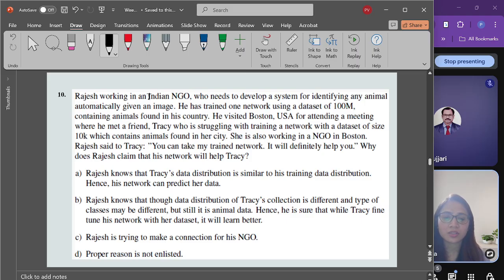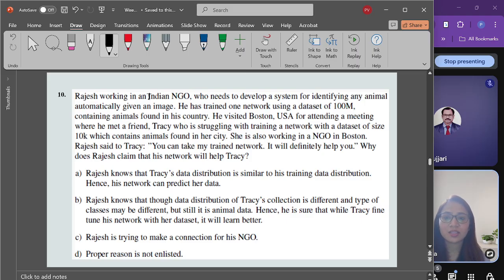He visited Boston, USA for attending a meeting where he met a friend, Tracy, who is struggling with training a network with a data set of size 10K which contains animals found in her city. She is also working in an NGO in Boston. Rajesh said to Tracy, "You can take my trained network. It will definitely help you." Why does Rajesh claim that his network will help Tracy?